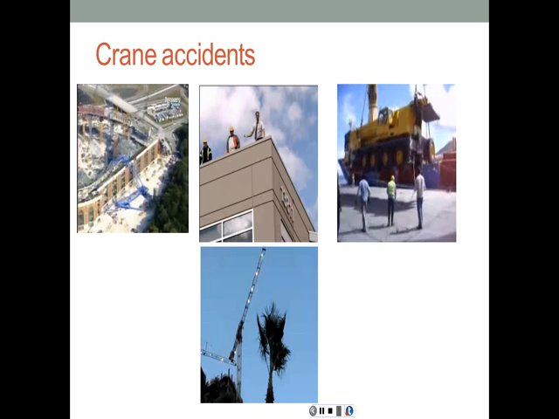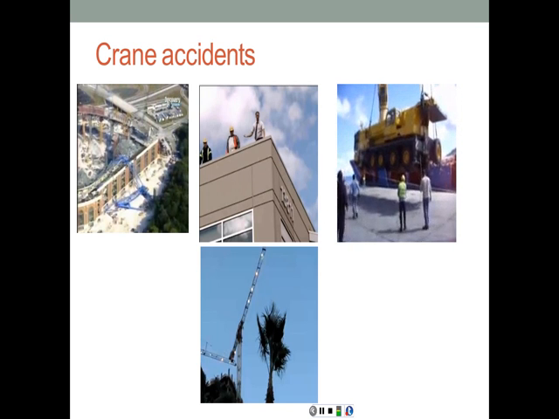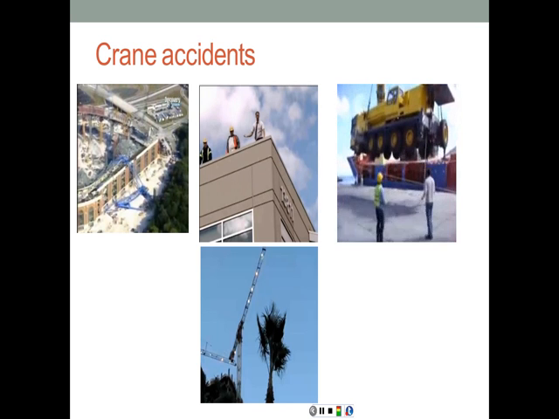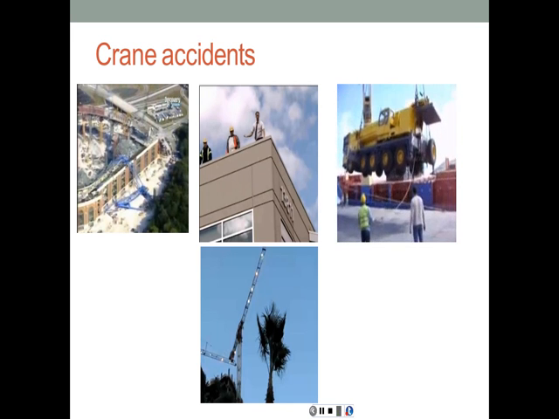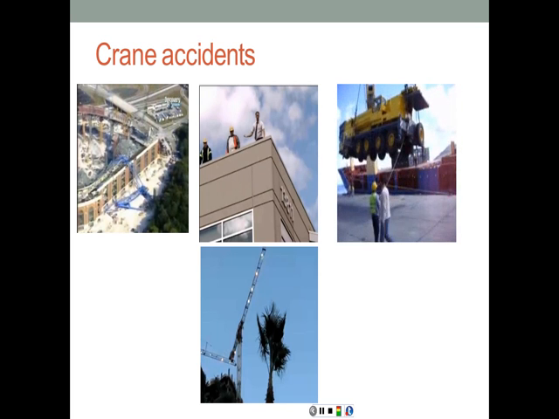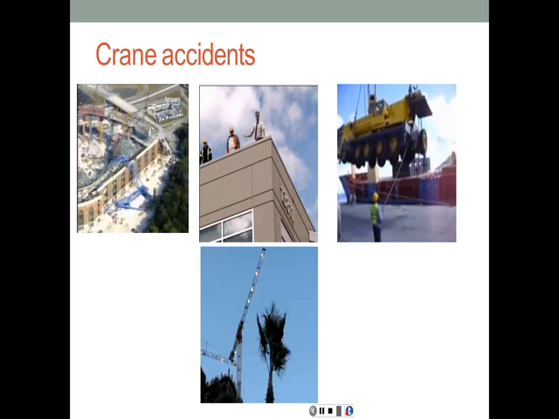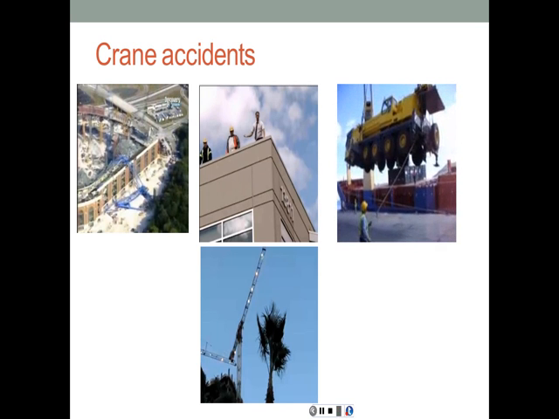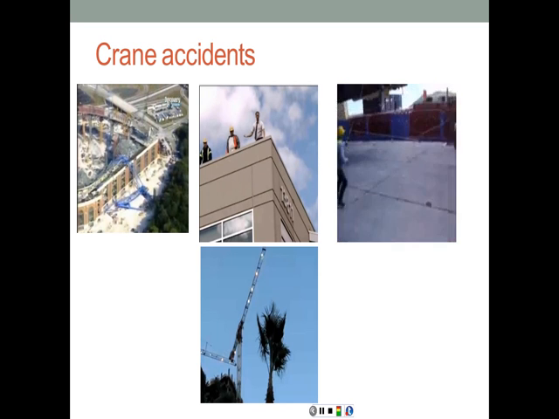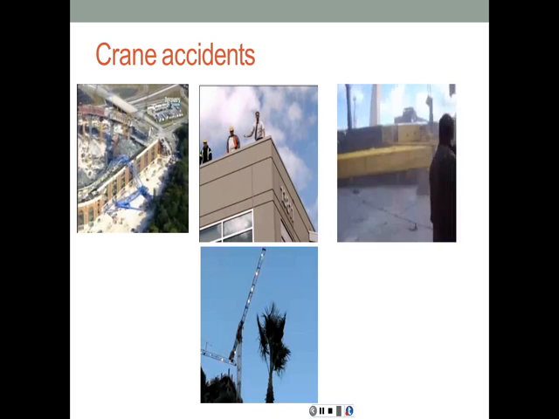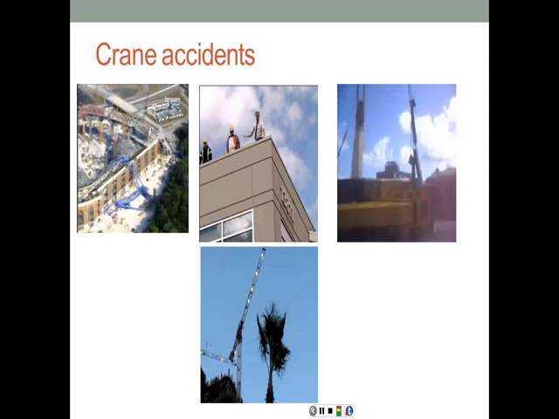And there's a tag line, as you can see at the bottom, held by that person, trying to guide that load to where it should be. So far it's going well. And then you can see the tilting of the load and collapse again, that can result in severe damages.